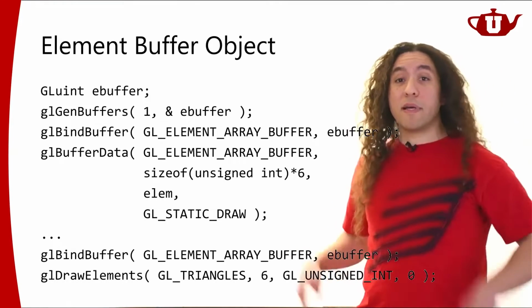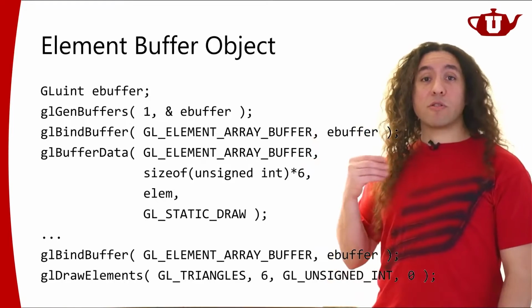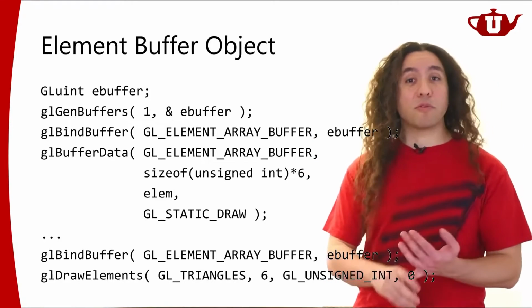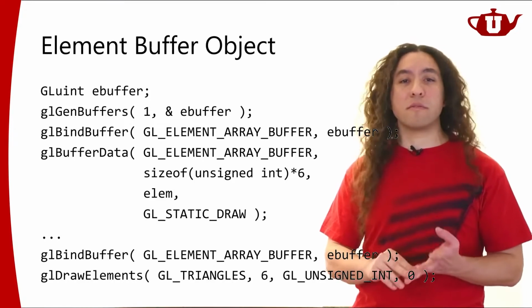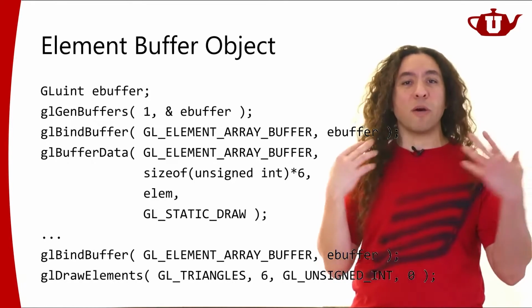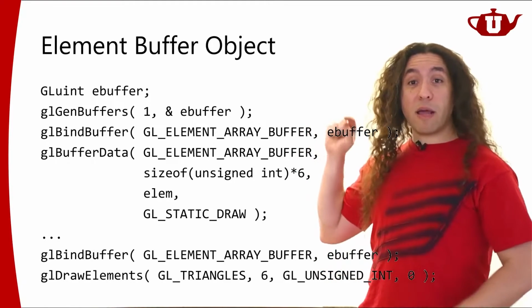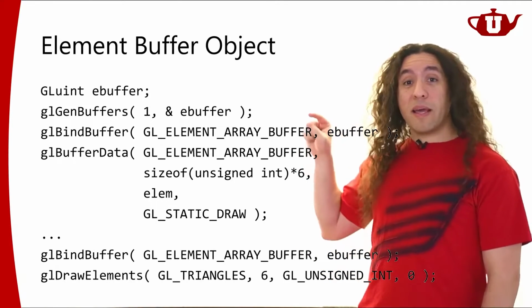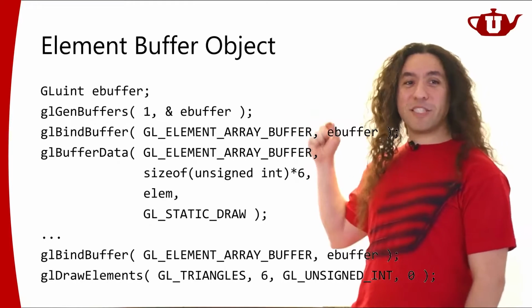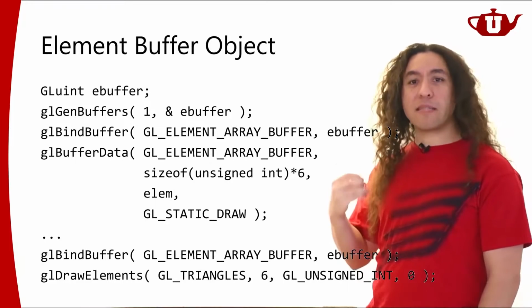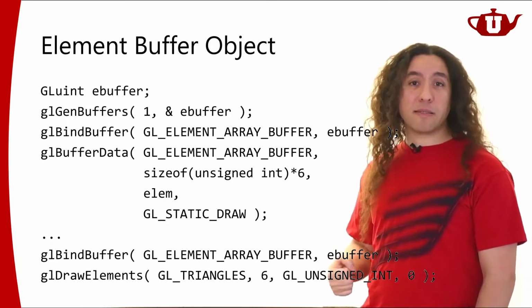So we're going to have array buffers for storing the per vertex data, the vertex attributes like vertex positions and color and surface normals and whatever else we want to send per vertex. That's going to be in GL array buffer, right? So GL element array buffer is a very specific type of buffer that's going to contain the elements.